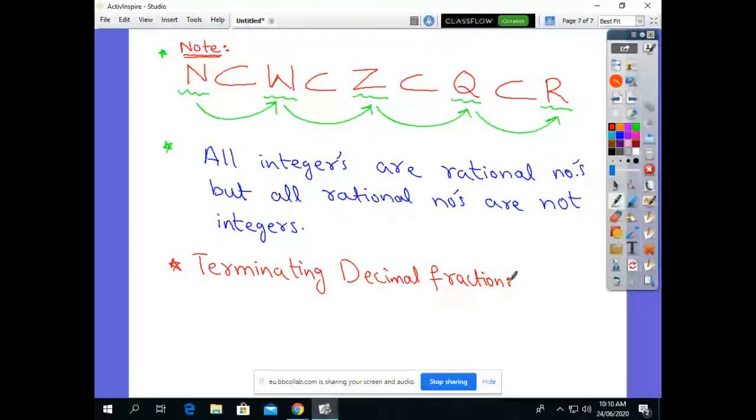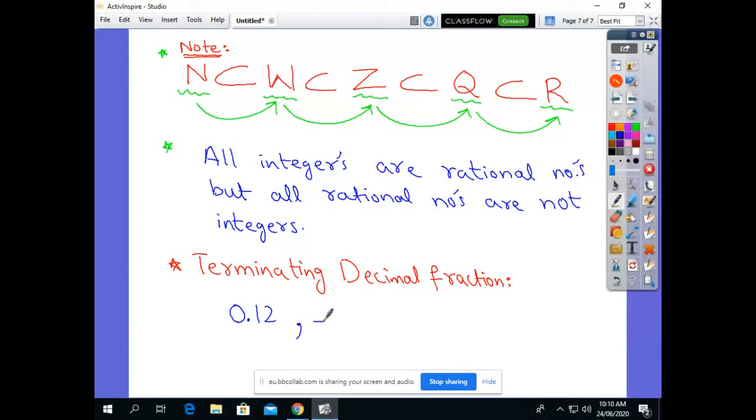Terminating decimal fraction means, for example, here we write only examples, not the whole definition: 0.12. Here we see that the digits terminate after the point. Therefore, this decimal fraction is a terminating decimal fraction.